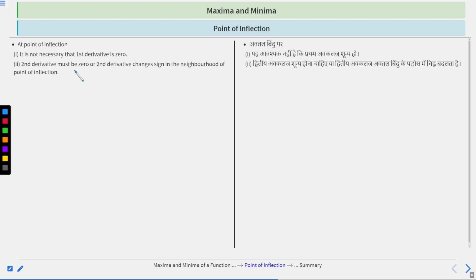Second derivative must be zero, or the second derivative changes sign in the neighborhood of the point of inflection, right? Two things are there for a point of inflection. First, it is not necessary that its first order derivative is zero. And second, the second derivative must be zero, or the second derivative changes sign in the neighborhood of the point of inflection. You have to remember this.